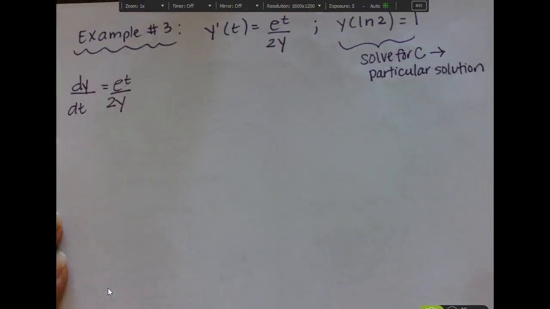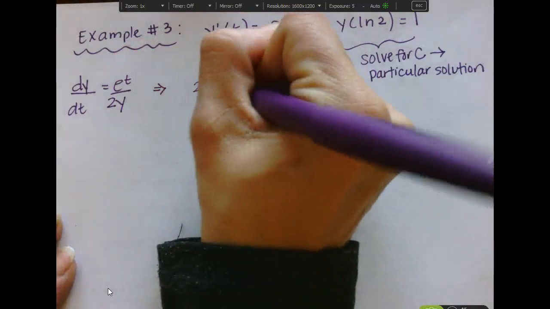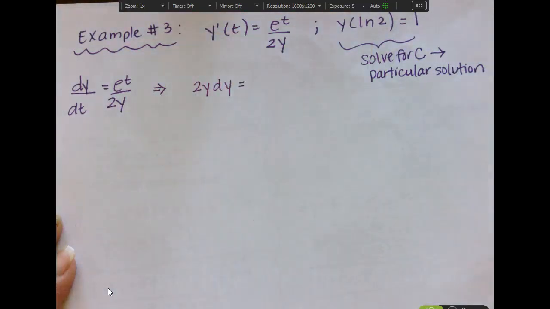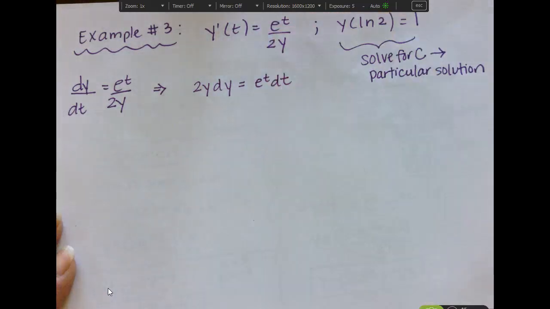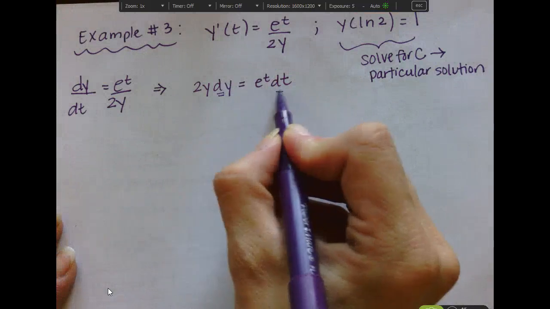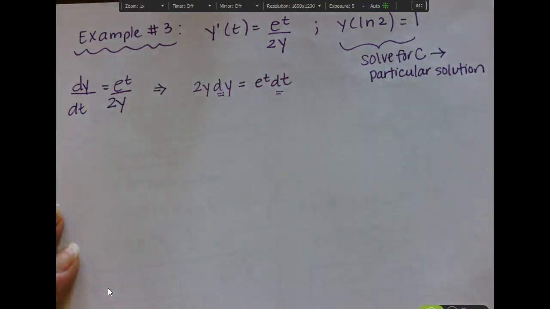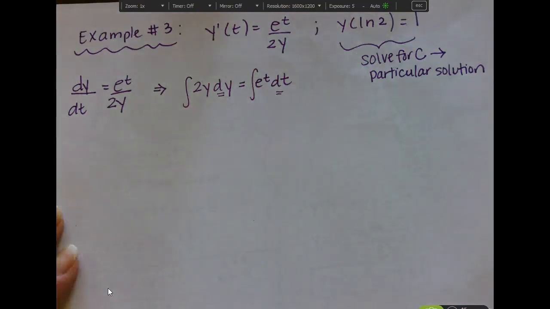Think about what happens next. Separate the variables. So I'm going to multiply by 2y to get all the y's on one side, and I'm going to multiply by dt to get all the t's on one side. Perfectly aligns my dt and my dy in the right places, which means I can now integrate both sides of the equation.